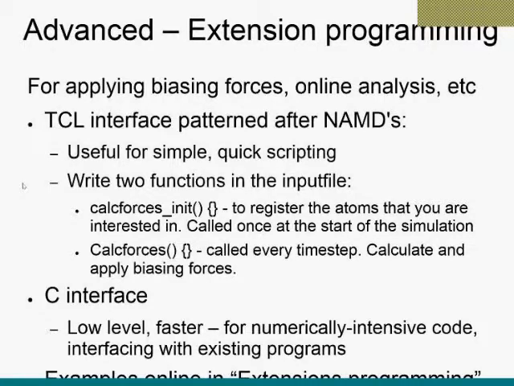Tcl is very straightforward to write, but it's pretty slow to do computation in. So if your potential is complex, or if you're applying it to a large number of atoms, then it's much better to write at the C level. Furthermore, if you have an existing biasing tool, like the metadynamics package PLUMED, that you wish to interface with ACEMD, this is the level at which you would do that.